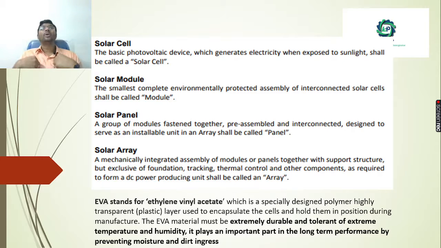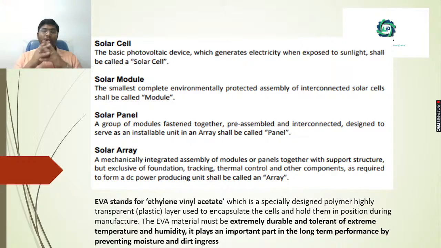Now we want to take around 1200 watts. Then we need to connect these 300 watt solar panels together, maybe around 4 panels. So 4 into 300 is 1200 watts of panel power that we want to take. We connect all these solar panels together, and that forms a solar array.